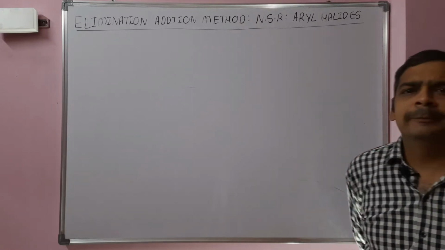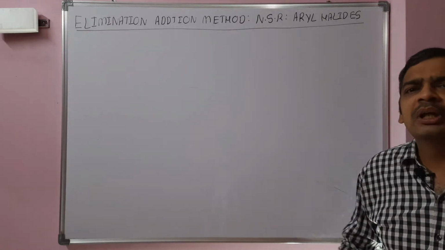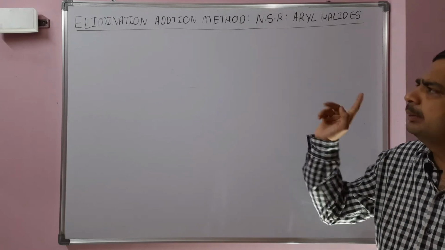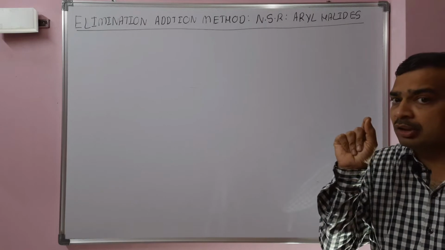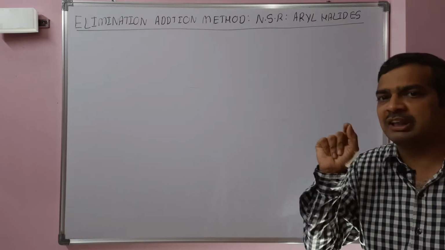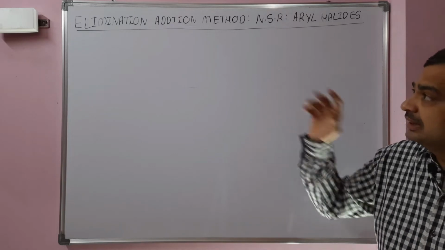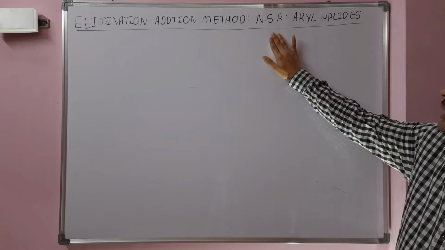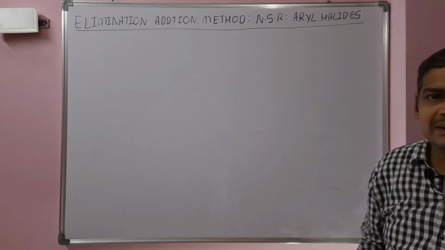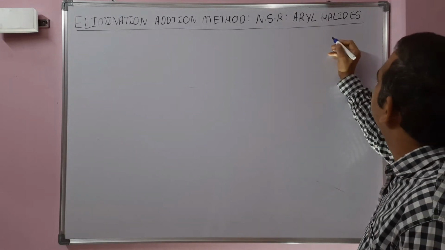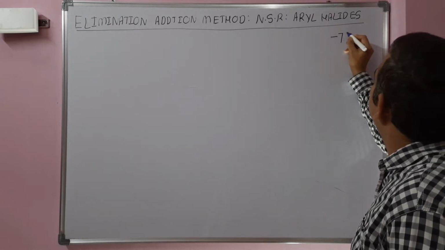Just for summary, in the Dow process, no electron withdrawing group, 350 degrees centigrade. In the addition-elimination mechanism, electron withdrawing group present, 35 to 135 degrees centigrade. Whereas in this method, we can do nucleophilic substitution reactions on aryl halides at minus 78 degrees centigrade.